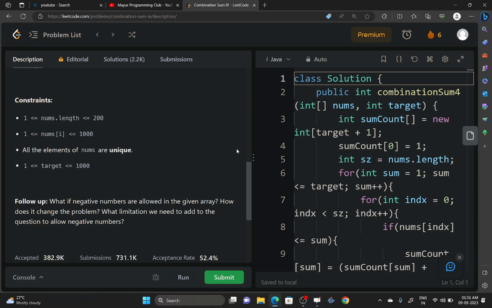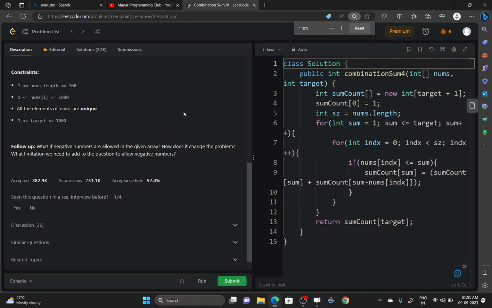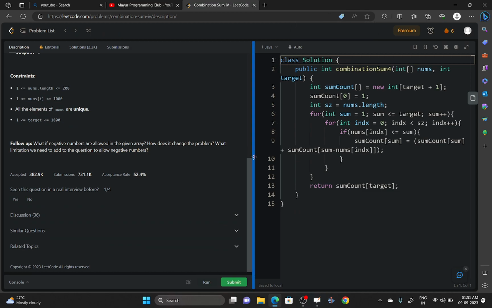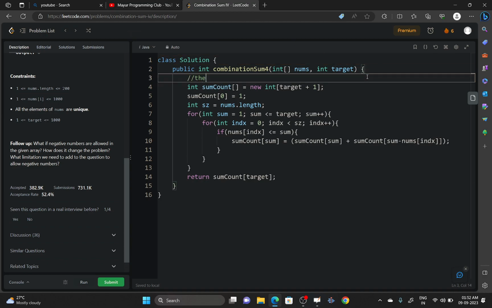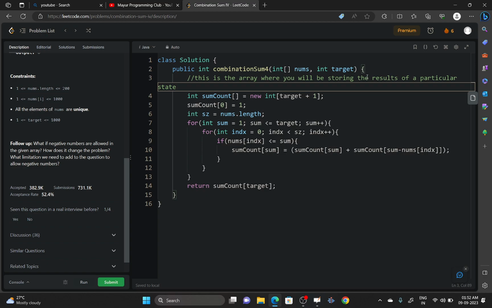So let's have a look at the implementation of the approach. This is the structure, or say array, where you will be storing the results of a particular state that you will encounter while forming a solution.